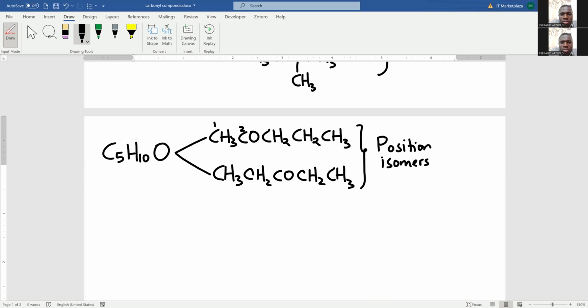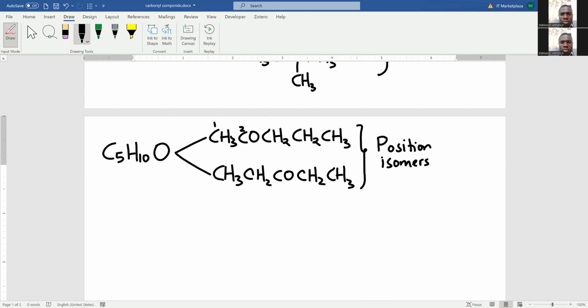Then finally, for functional group, they differ in the type of the functional group. So here I can have aldehydes and ketones. Don't forget from our first video, if you haven't watched it, I recommend that you watch that video. We saw that aldehydes and ketones have different structures, therefore their functional groups can be distinguished.